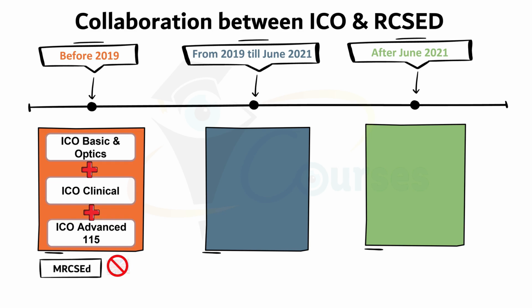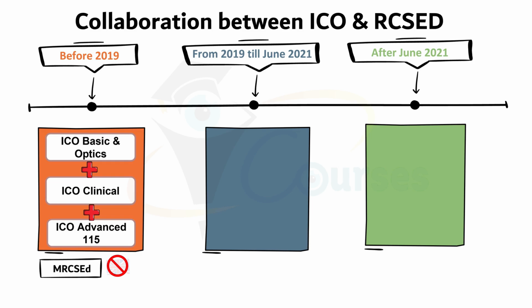And if you were one of the lucky ophthalmologists who applied for membership as soon as this collaboration was announced, then you should have been eligible for GMC registration. However, later on the GMC didn't recognize the new MRCS Edinburgh in its new format because it doesn't contain any clinical or oral exams.